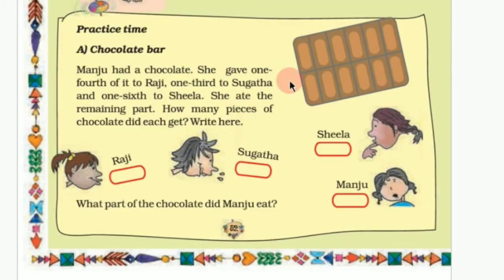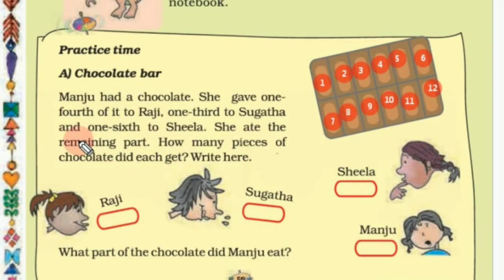So first we have to count how many total pieces are in this chocolate. So let's count. 1, 2, 3, 4, 5, 6, 7, 8, 9, 10, 11, 12.